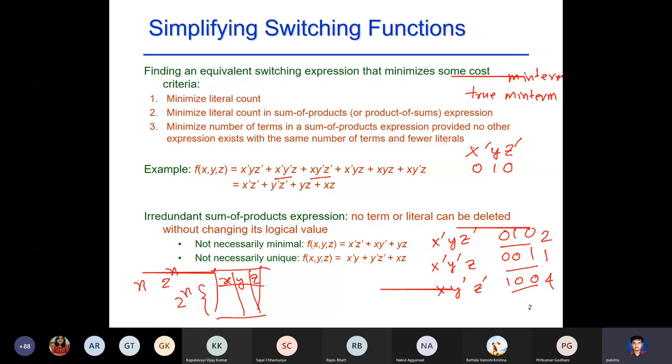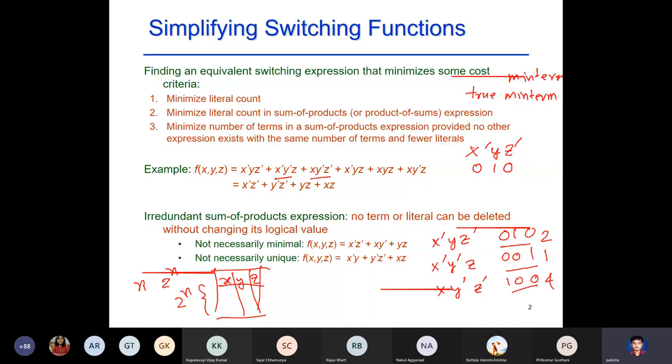So if you want to express a function as a sum of products, you first write down the truth table. Each row of the truth table corresponds to a min term. Pick up the true min terms, the rows where the function is 1, and sum them. That will give your sum of product representation.